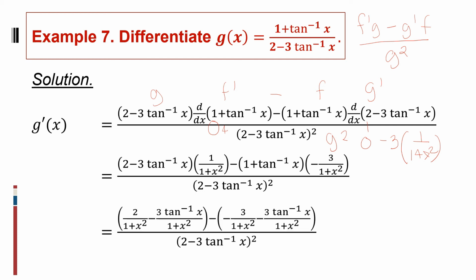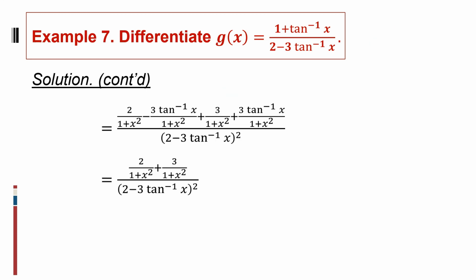Simplifying further, we have, so ipasok natin to dito sa terms natin, we have 2 over 1 plus x squared minus 3 times arctan x all over 1 plus x squared minus, eto din, ipasok din natin dito sa dalawa. So we have negative 3 over 1 plus x squared minus 3 arctan x all over 1 plus x squared all over the square of 2 minus 3 arctan x.